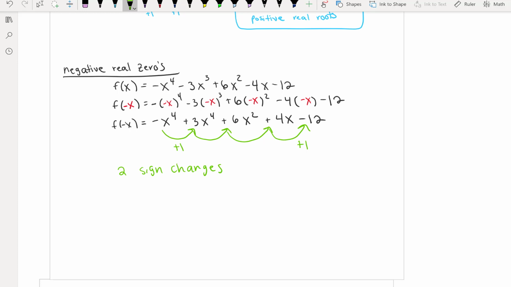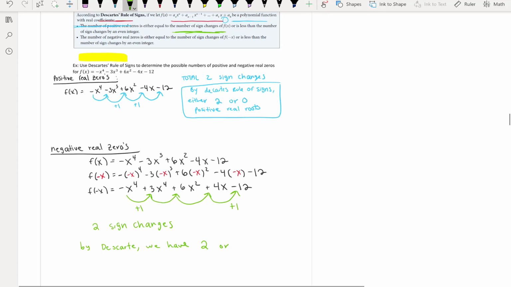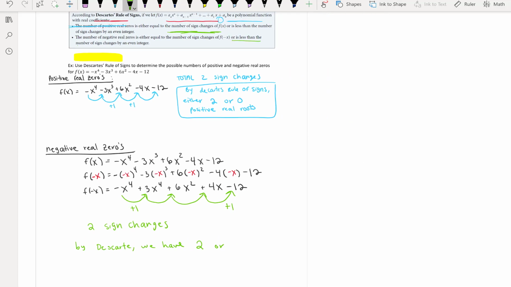So then by Descartes' rule of signs, it's 2 or, and it says or less than the number of sign changes by an even integer.